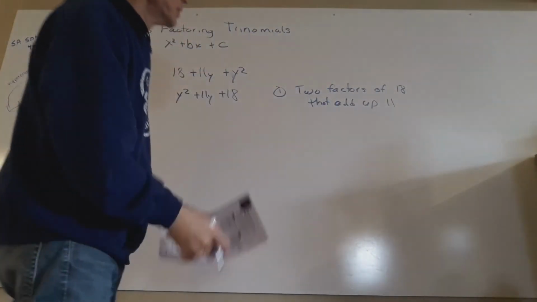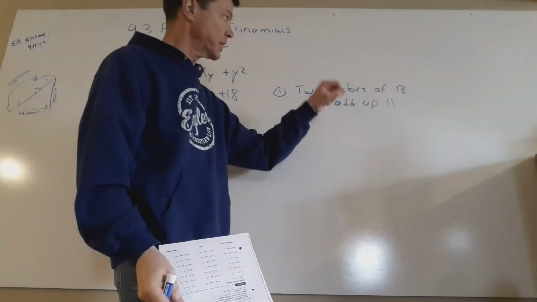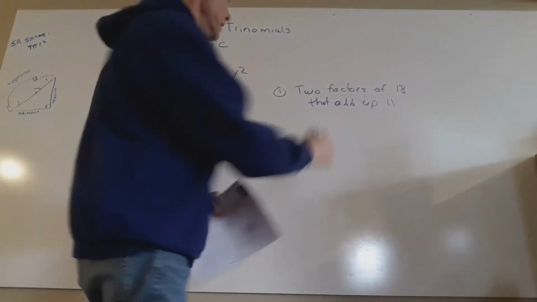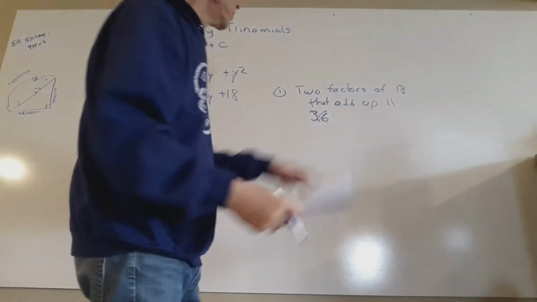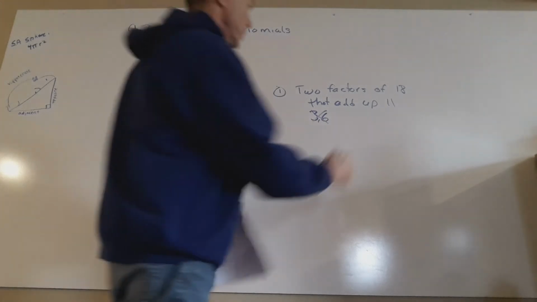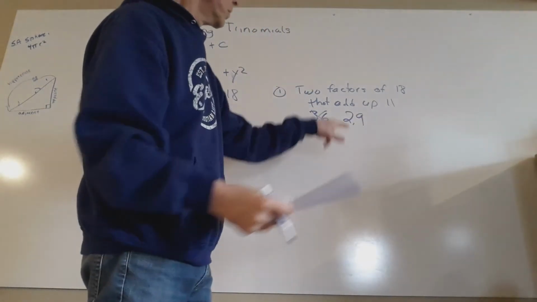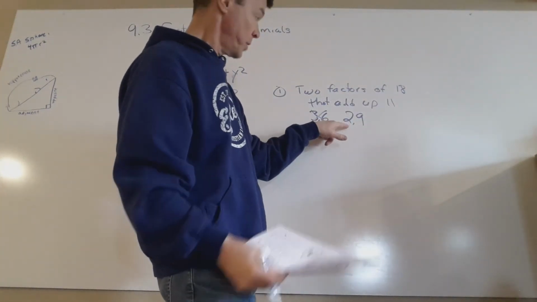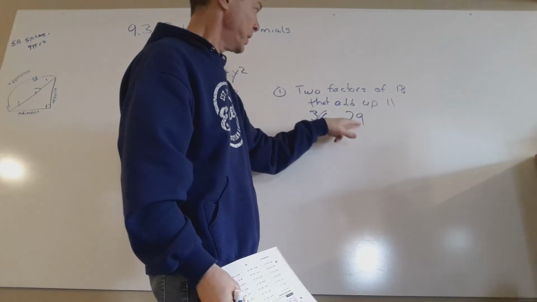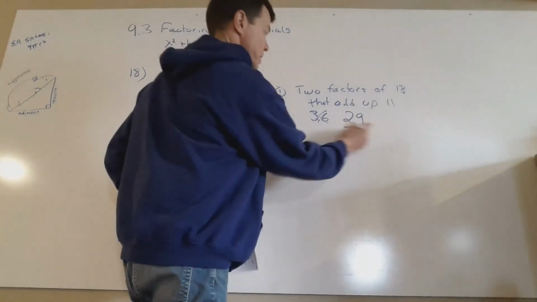Two factors of 18, well, you got 3 and 6. 3 times 6 is 18. 3 plus 6 is 9, though, so 3 and 6 does not work. So try something else. 2 and 9. 2 times 9 is 18. That works. 2 plus 9 is 11. There's your answer, 2 and 9.